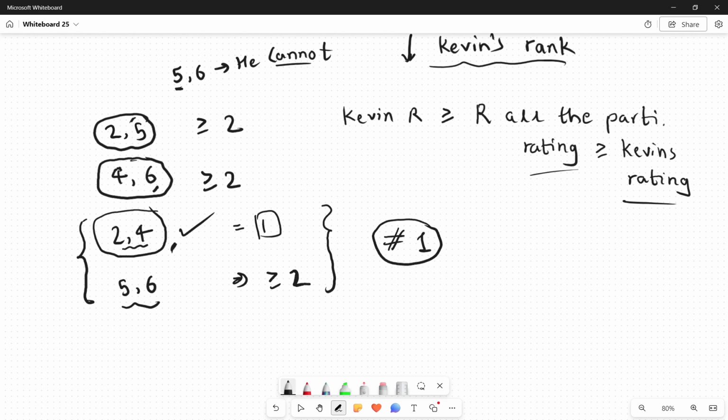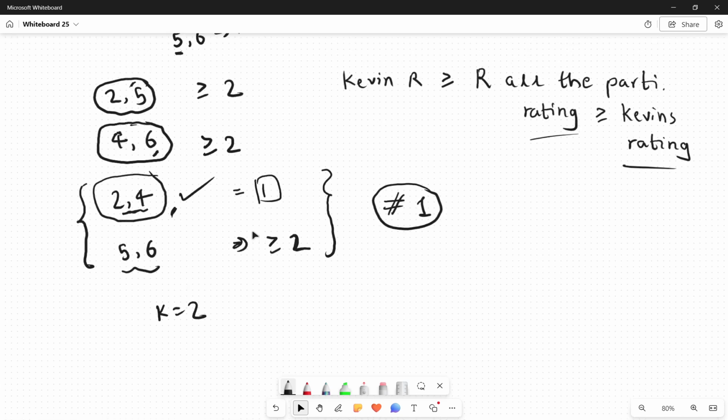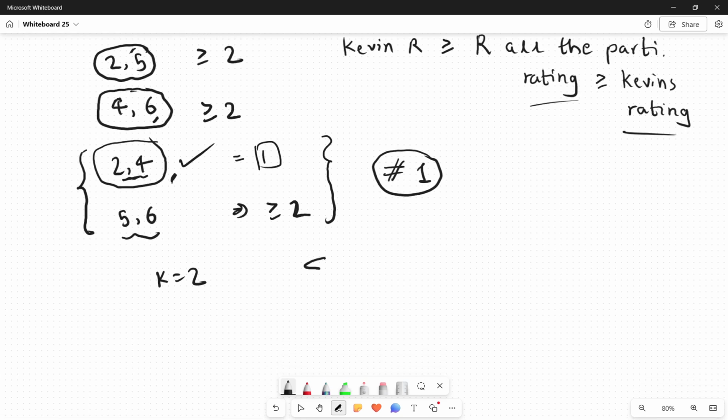So now let's calculate the answer for k is equal to 2 as well. If we take 2, 4 as one contest, then Kevin's rank will be 1.